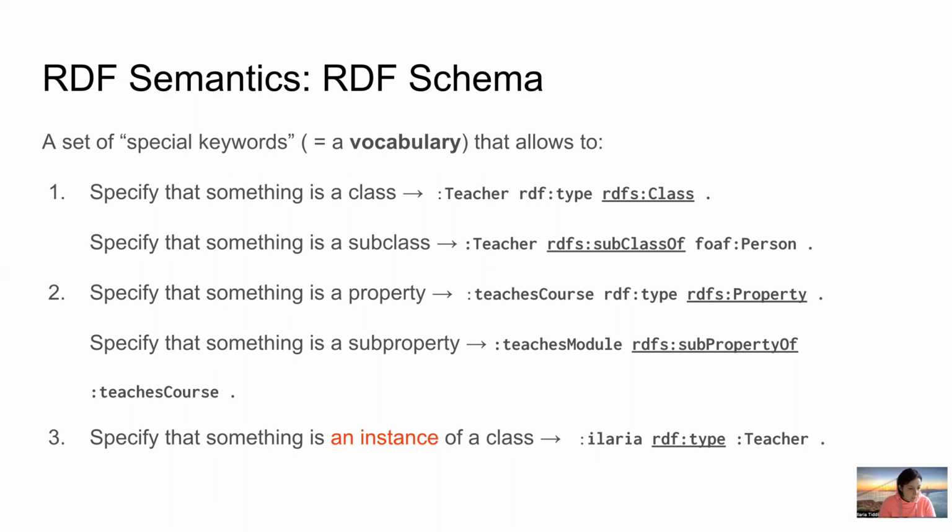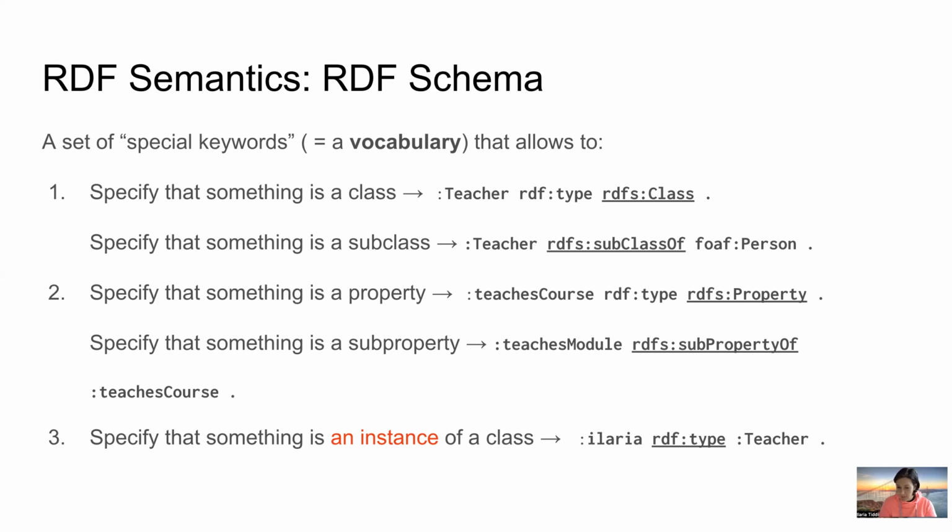The other most important thing you can specify with RDF schema is that something is an instance of a class. So Ilaria, for example, is RDF type teacher. You need to think of classes within RDFS as buckets where you can fit elements into. So you have the concept teacher, a class is a concept in a certain sense. You have the concept teacher, and then you have multiple teachers at the university.